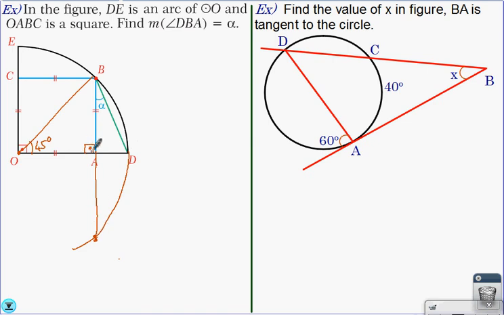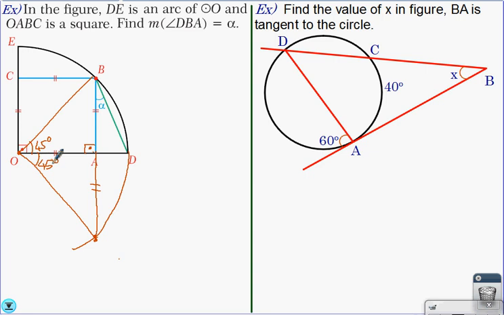The line drawn from the center to the chord will bisect the chord. So if this is a double line, this one will be a double line as well.